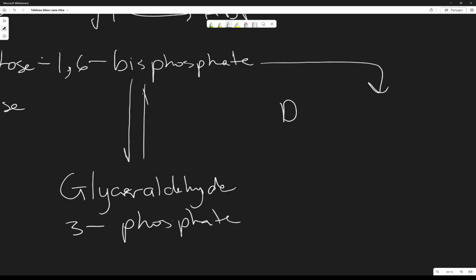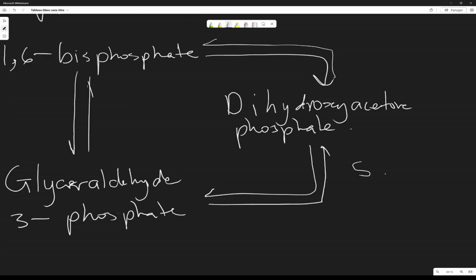So this dihydroxyacetone phosphate is converted to glyceraldehyde 3-phosphate using an enzyme that we call triose phosphate isomerase.